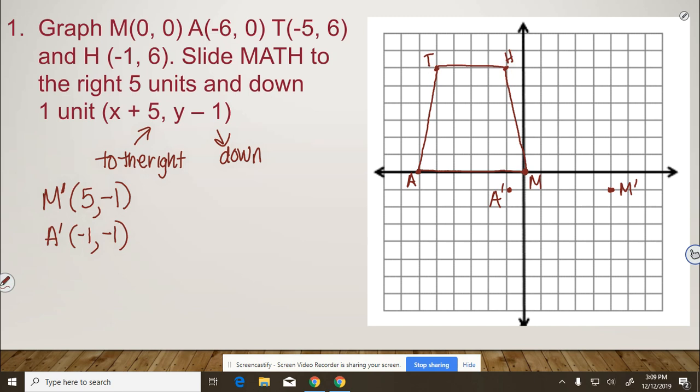Then for T, we have negative 5, 6 that we have to move right 5 and down 1. Negative 5 plus 5 is 0, and 6 minus 1 is 5. So T prime is going to be at 0, 5. We stay at 0 and go up to 5 and label that T prime.